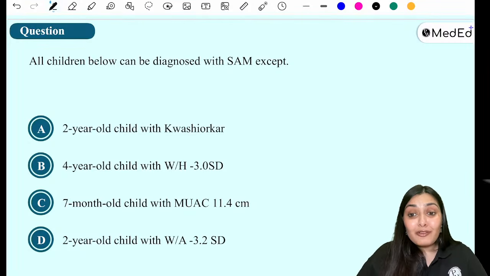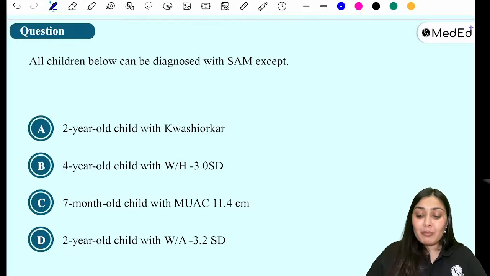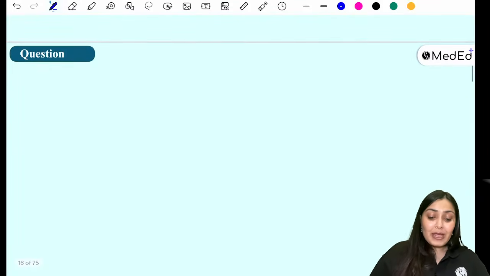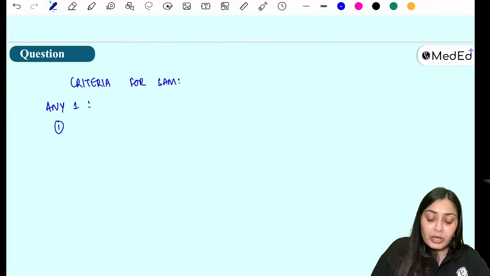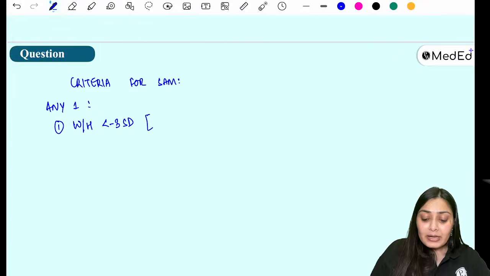The criteria for SAM, the definition for SAM, remember, what is the criteria for SAM? Let's recall together. When we talk about the criteria for SAM, we need any one out of three, right? First, severe wasting, that means weight for height less than -3 standard deviation. This is severe wasting.